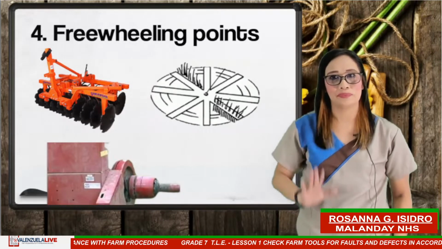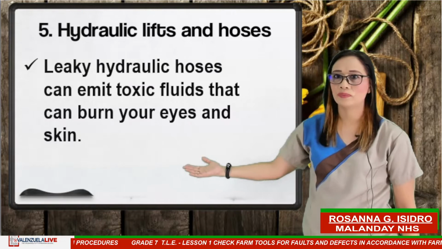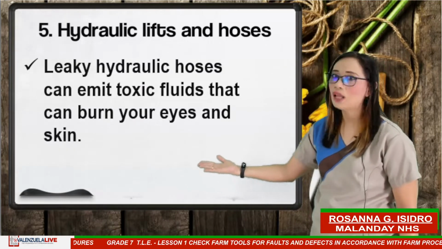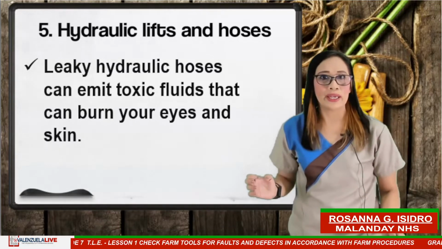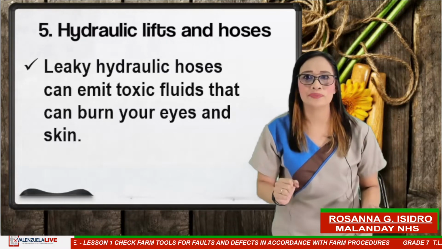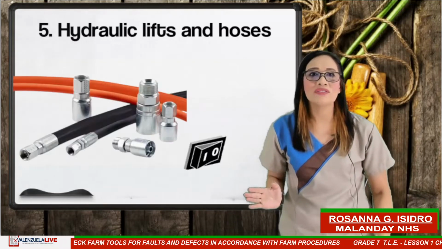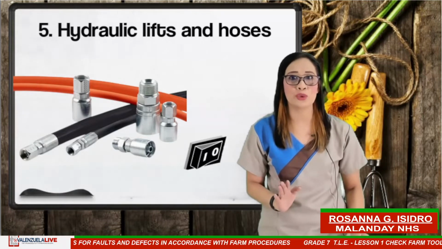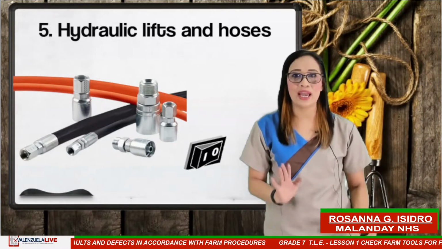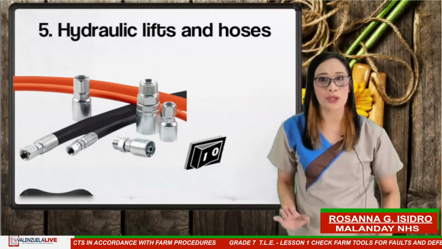Number 5, hydraulic lifts and hoses. Leaky hydraulic hoses can emit toxic fluid that can burn your eyes and skin. Turn off the engine, and relieve hydraulic pressure before disconnecting hydraulic hoses or completing repairs.